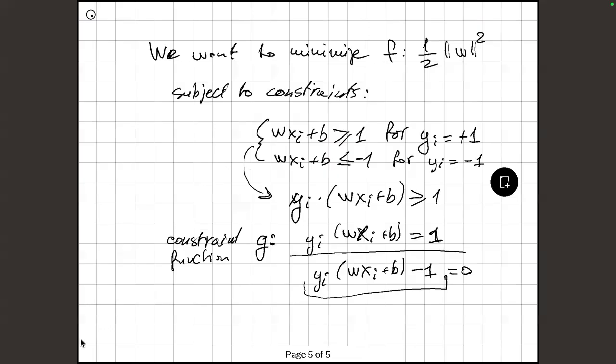Is it y_i multiplied with? Yes, it is multiplication. It is all kind of math transformations on how to turn these conditional inequalities into unit equation form.